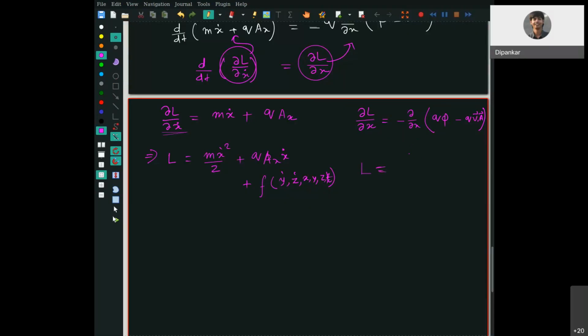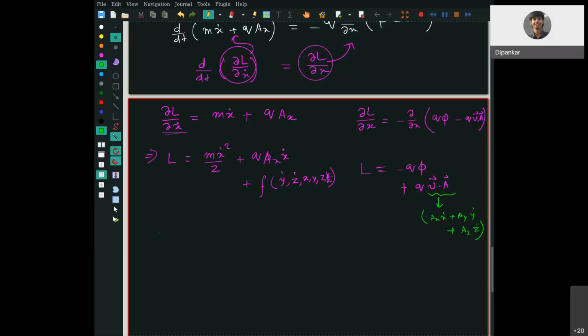So L equals basically minus q phi plus q v dot A. So v dot A again is Ax x dot plus Ay y dot plus Az z dot.